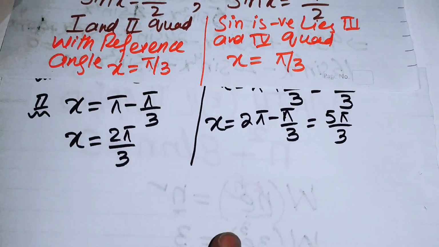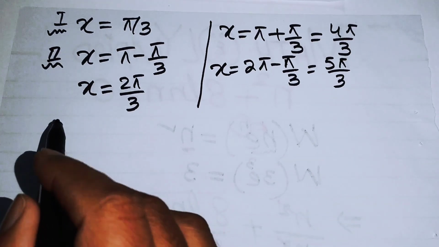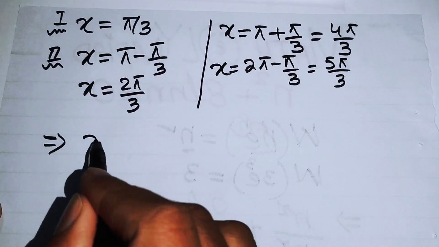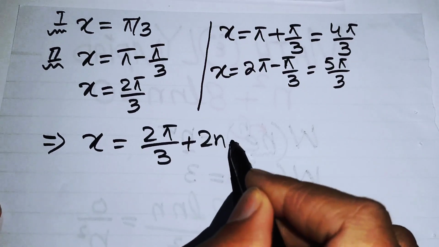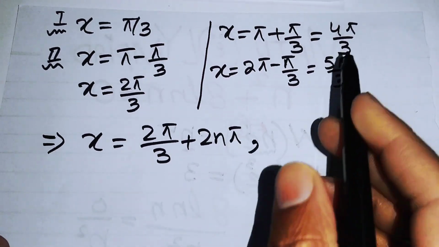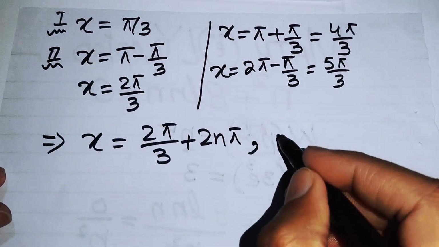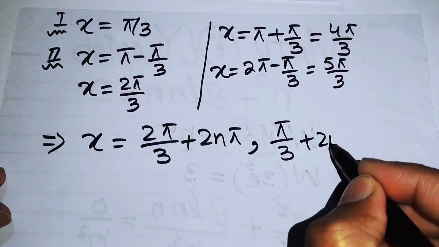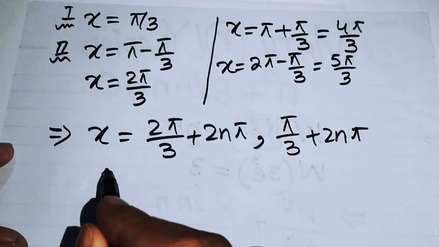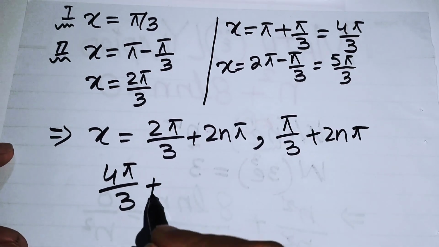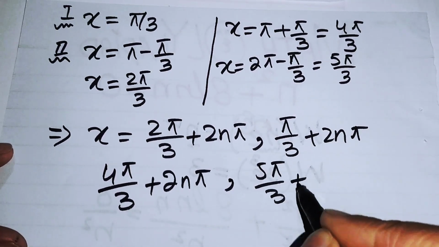So these are our angles in the first case, and when we write these angles in general form, then you get our value of x equals to 2 pi by 3 plus 2n pi, pi by 3 plus 2n pi, and the third angle is 4 pi by 3 plus 2n pi, and 5 pi by 3 plus 2n pi.